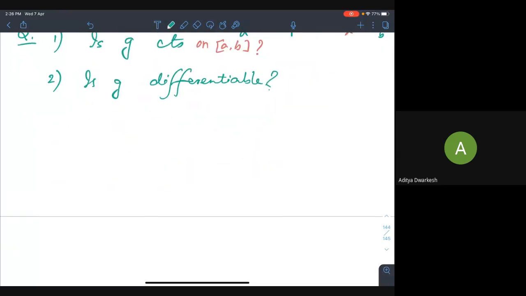So now we'll prove that this function is continuous. So it is a theorem.